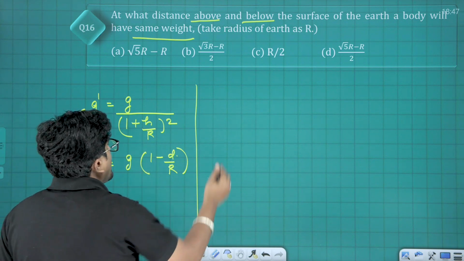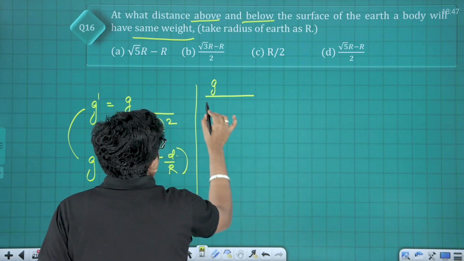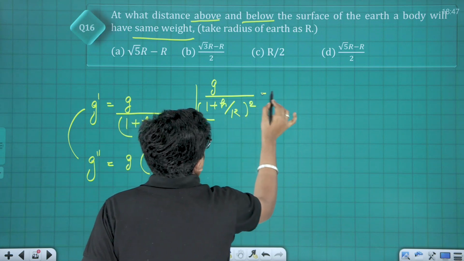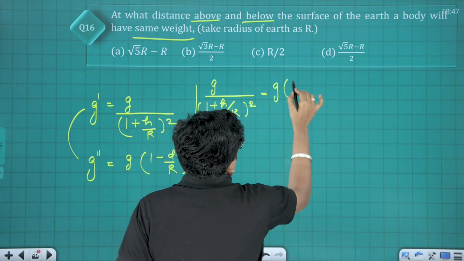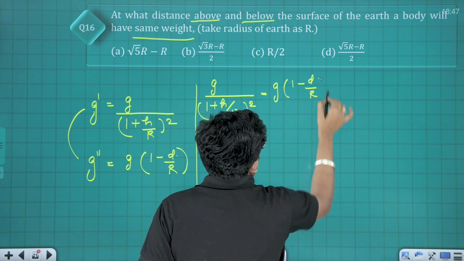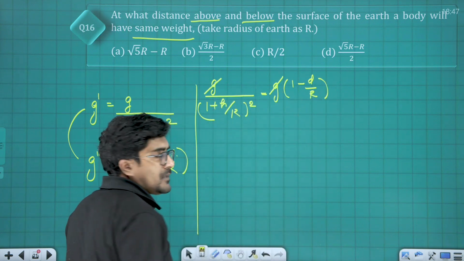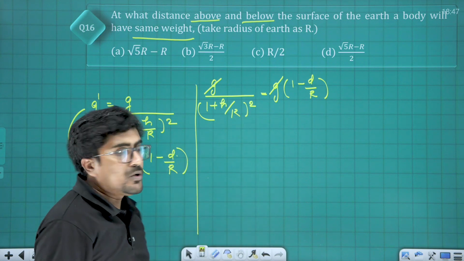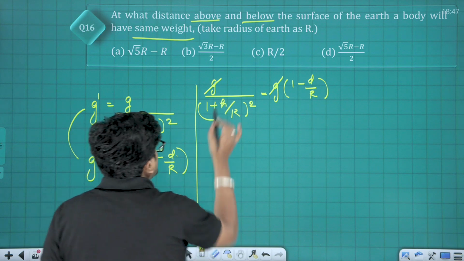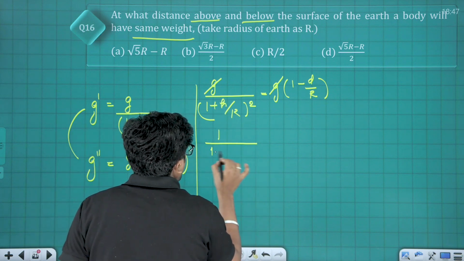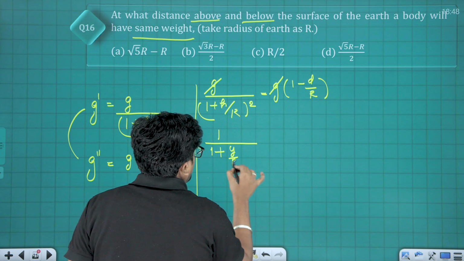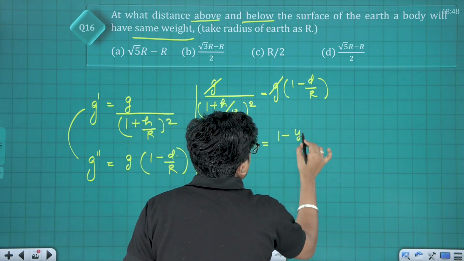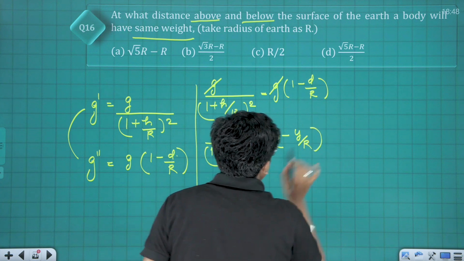So let me equate these two. g upon 1 plus h by r the all square needs to be g into 1 minus d by r. Definitely g will cancel. Now at the same height and depth, h needs to be replaced by y and d also needs to be replaced by y. So this is going to be 1 upon 1 plus y by r the all square equals 1 minus y upon r.